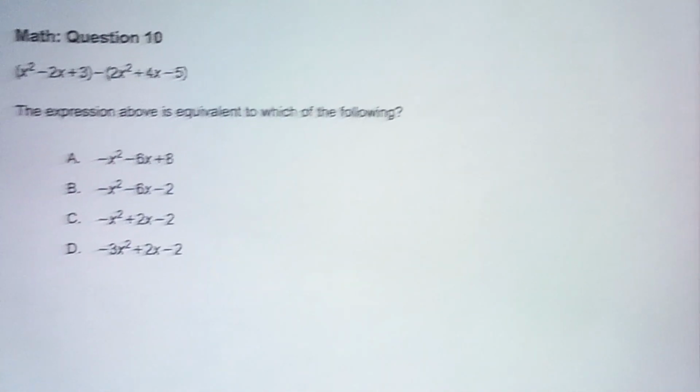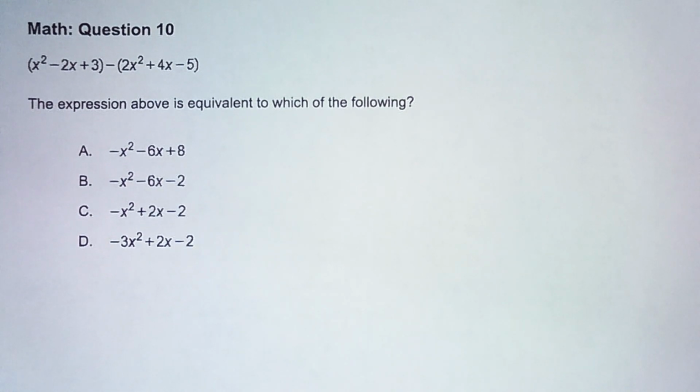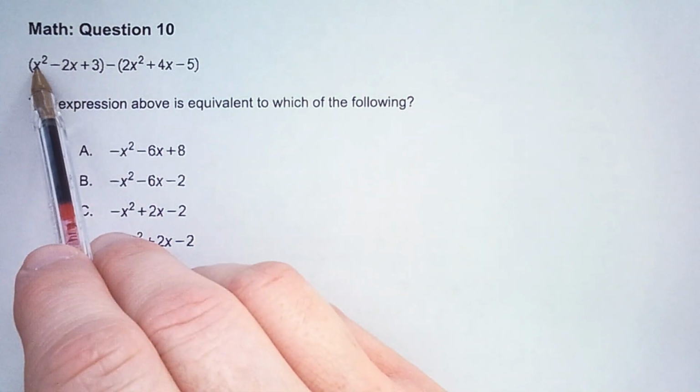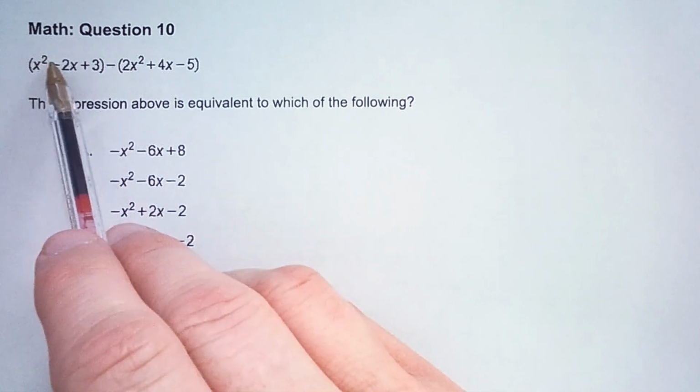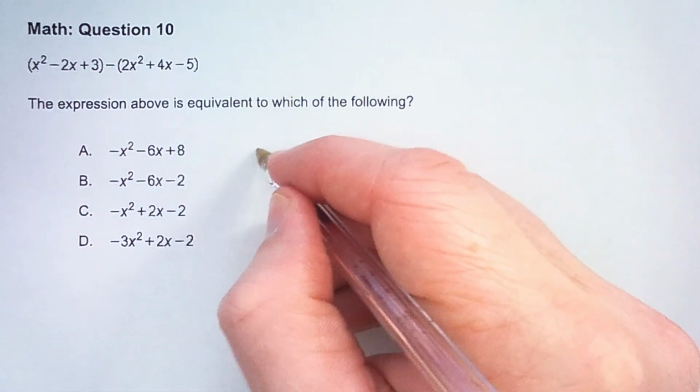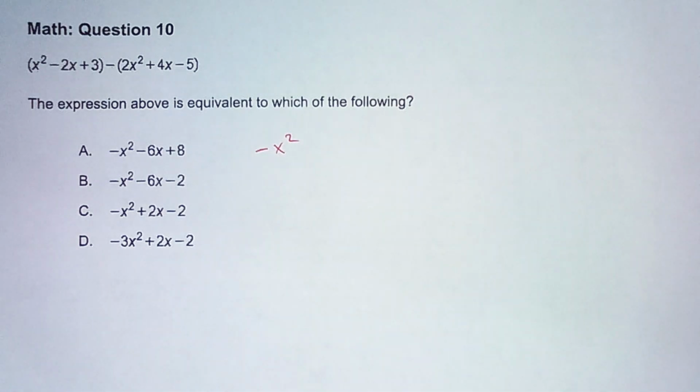All right, number 10. The expression above is equivalent to which of the following? So what I can do is combine like terms. I'm subtracting here, x squared minus 2x squared. So that's 1x squared minus 2x squared. That is negative 1x squared, which already eliminates D as an option.